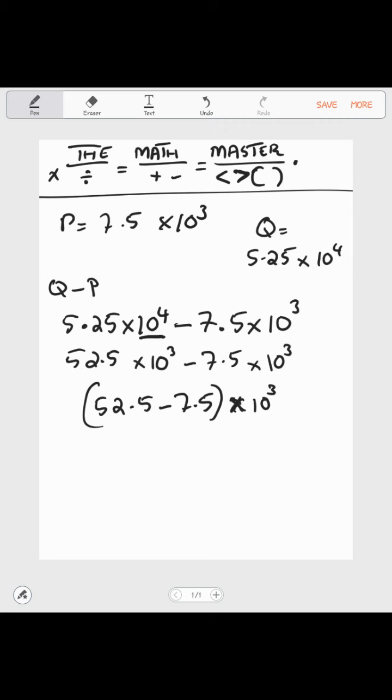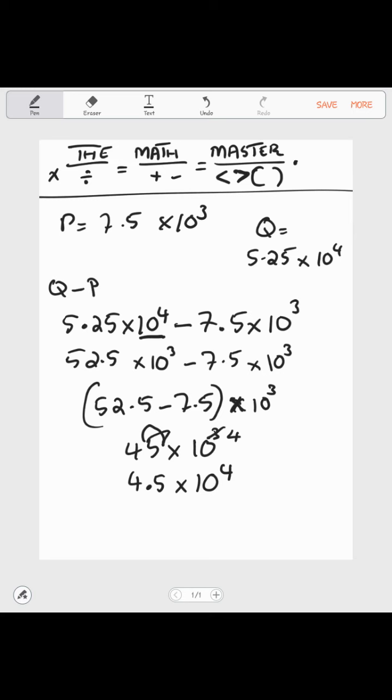Now you can do it by the calculator method or whatever. The answer comes as 45 into 10 cube. Now you have to make it in decimal or in a standard form. You can place the decimal over here, 4.5, and it will give you 10 to the power of 4, because once the decimal was over here, it shifted to the back side, so 1 zero increased, which is why it became 1 more.